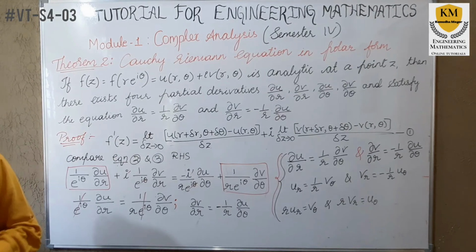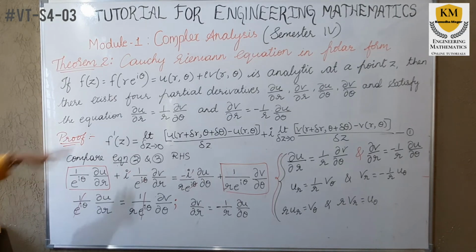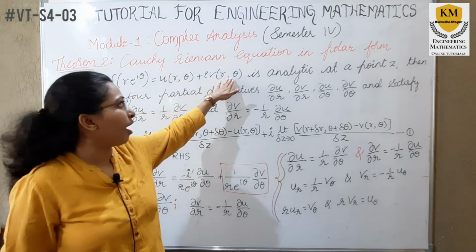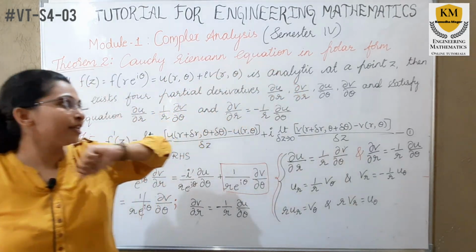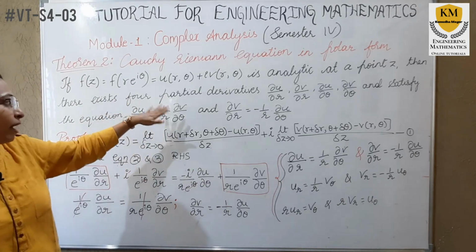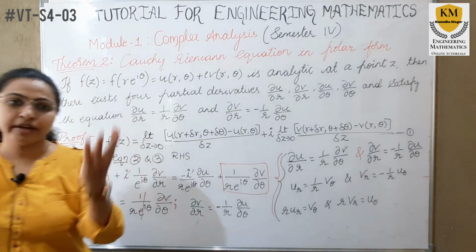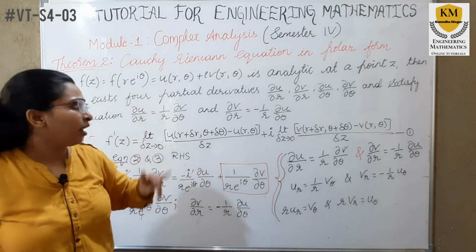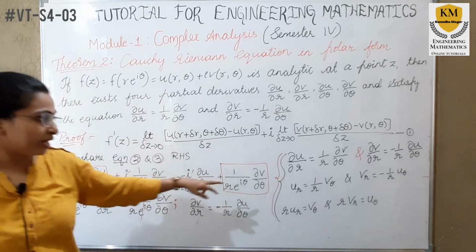As the derivation says, if f of z is equal to f of r into e to the power i theta, is equal to u of r comma theta plus i v of r comma theta, is analytic at a point z, then there exist 4 partial derivatives. We have found del u by del r, del u by del theta, del v by del r, del v by del theta, and they also satisfy this equation.